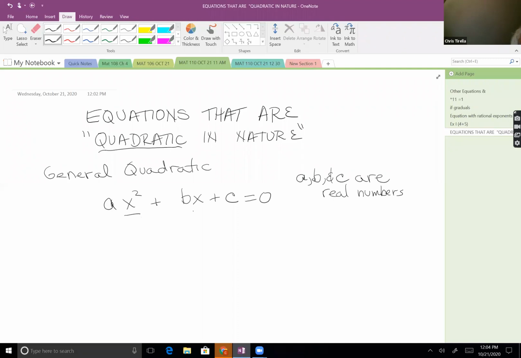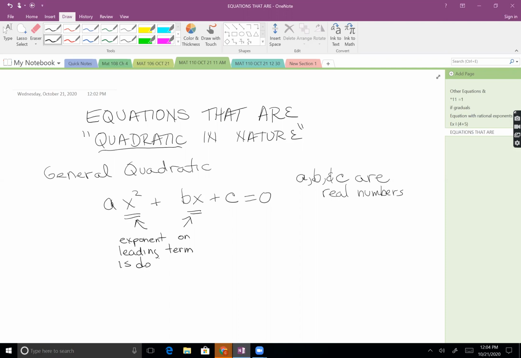And when I compare the x squared to the x, you notice that because it's squared, we can say that the exponent on the leading term is double the exponent on the middle term. And the constant has no variable.